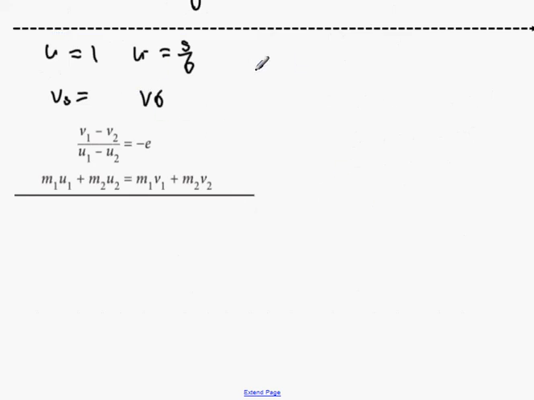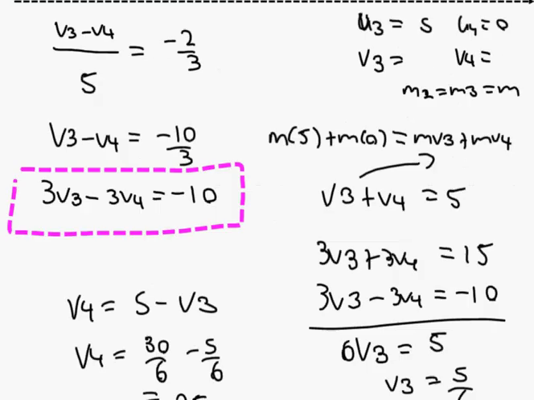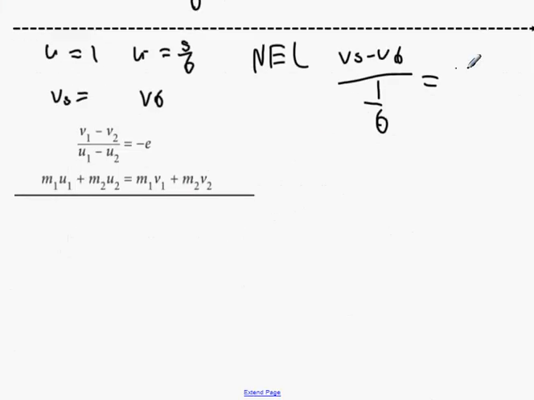So let's start off with NEL again. Newton's experimental law. V1 minus V2, which is going to be V5 minus V6 over U1 minus U2. 1 minus 5/6 is basically just going to be a sixth. And then on the other side we have minus E. What's minus E again, guys? Minus 2/3.